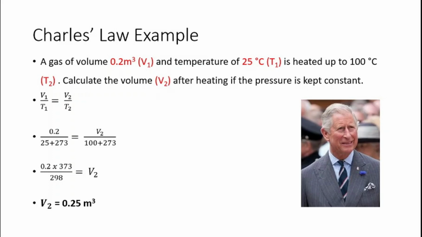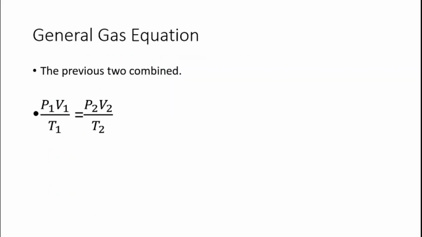That gives me 0.25. So as we heat the gas up, keeping the pressure constant, it expands from 0.2 cubic meters to 0.25 cubic meters. That's an example of Charles's law, and this is the general gas equation.